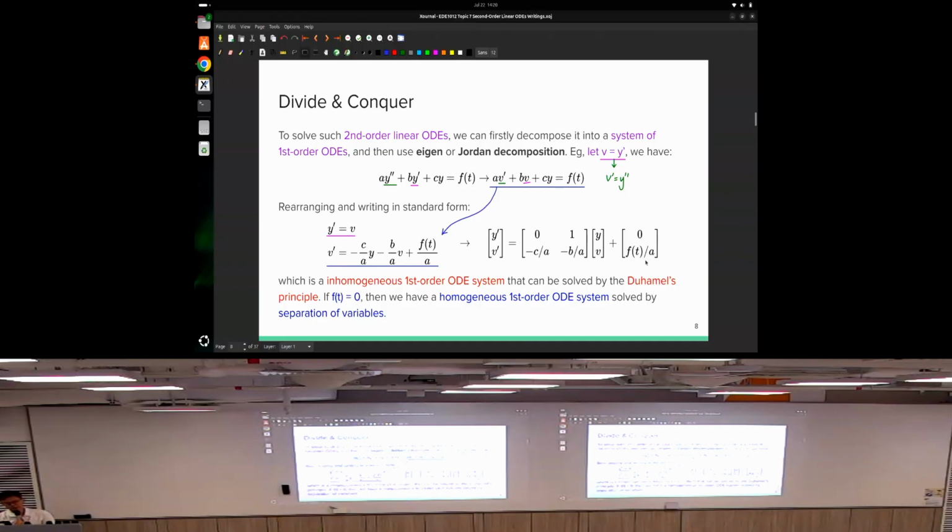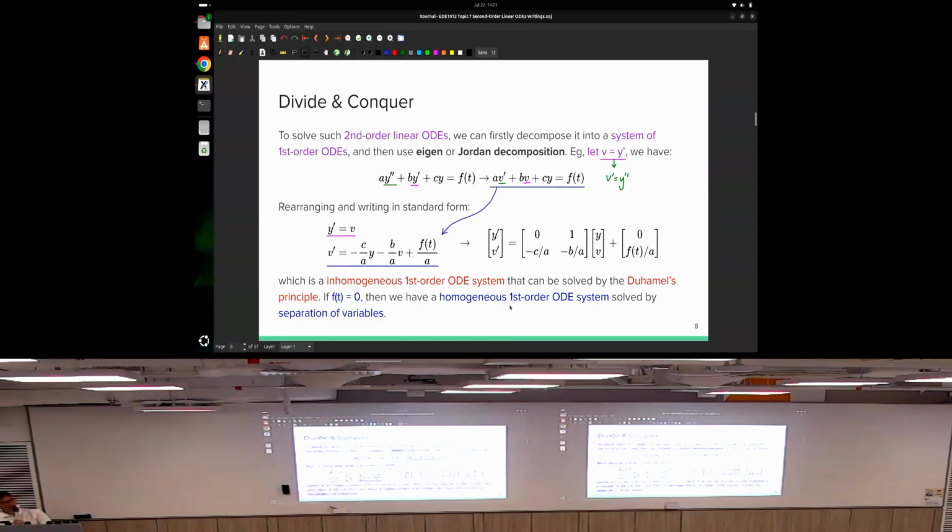If f of t equals 0, then it's just a homogeneous first order system that we have solved already. So that's the divide and conquer approach. Any questions? So second order converts to a first order system.